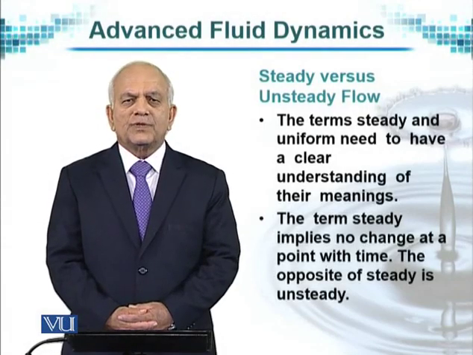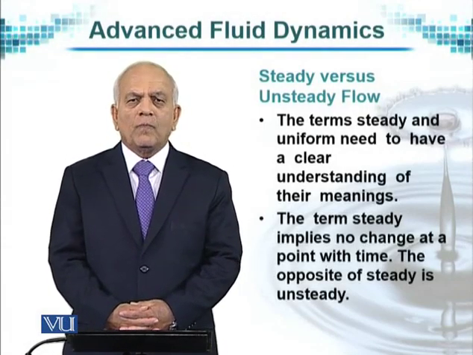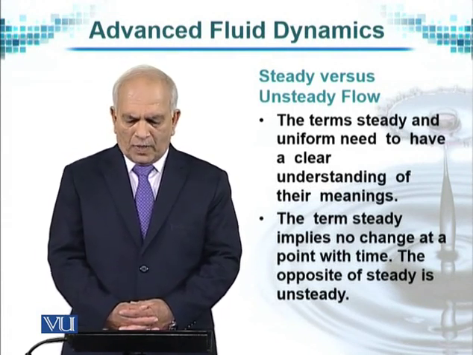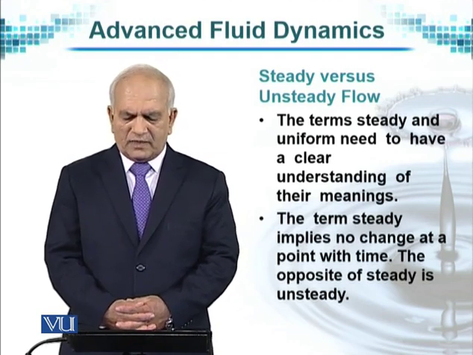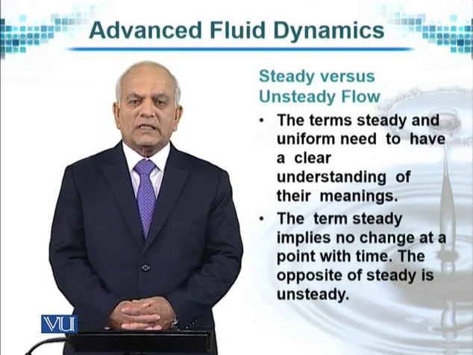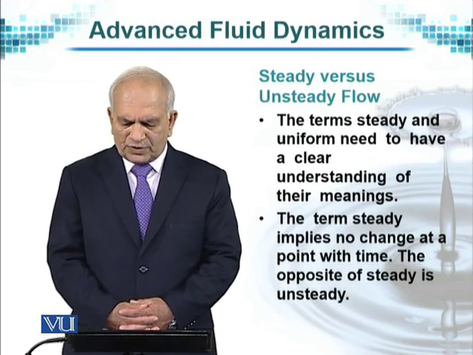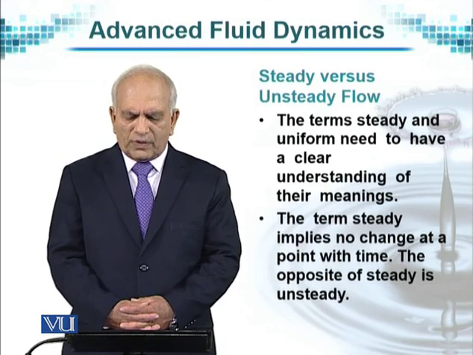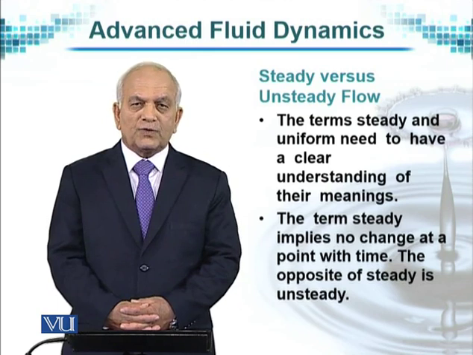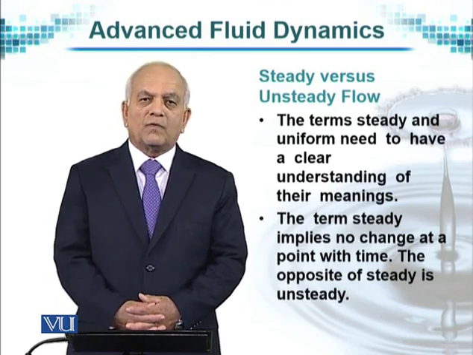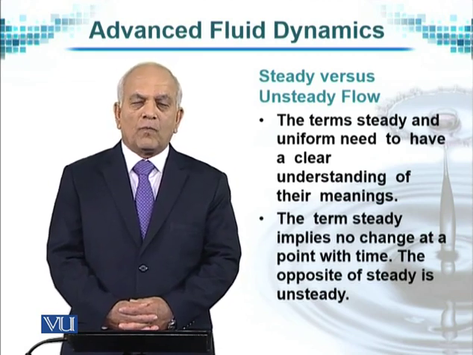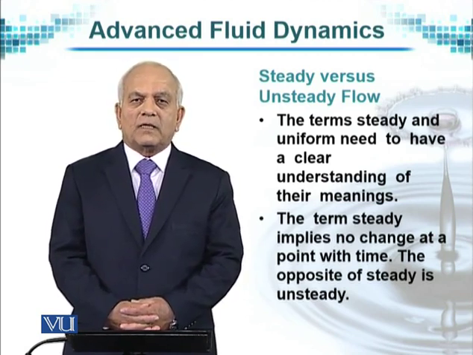Now we come to the category of fluid flow, in which we consider the flow with time. So it's broadly divided into two categories: steady flow and unsteady flow. The terms steady and uniform need to have a clear understanding of their meaning, because this will be used for solving of equations and also predicting the fluid flow that will occur down the stream.